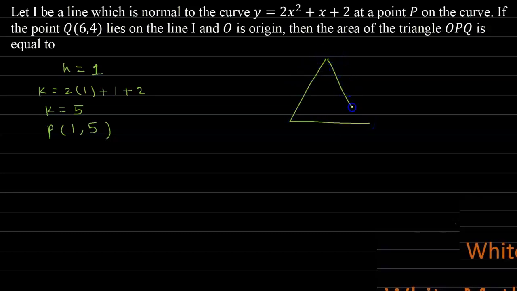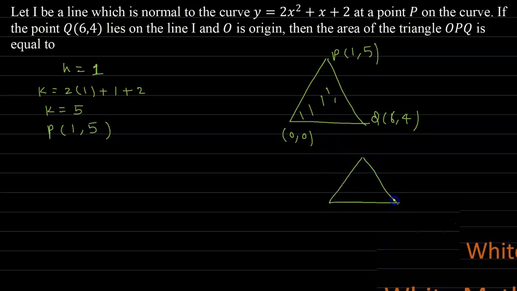Now this is the triangle. Point P is (1, 5) and point Q is given whose coordinates are (6, 4) and origin is (0, 0). So we have to find the area of this triangle. Suppose this is a rough triangle ABC, the coordinates of A are (x1, y1), coordinates of B are (x2, y2) and coordinates of C are (x3, y3).